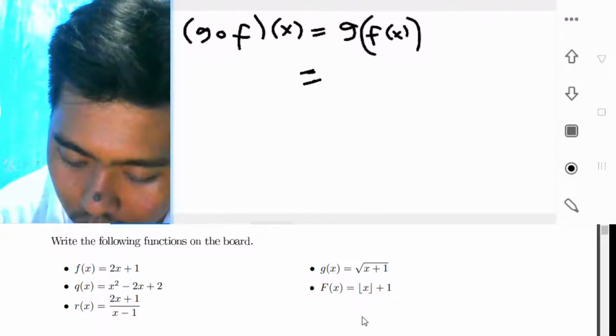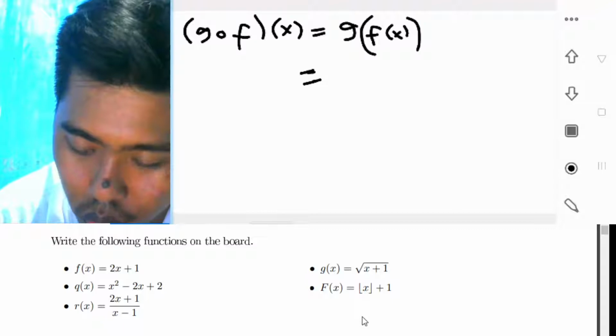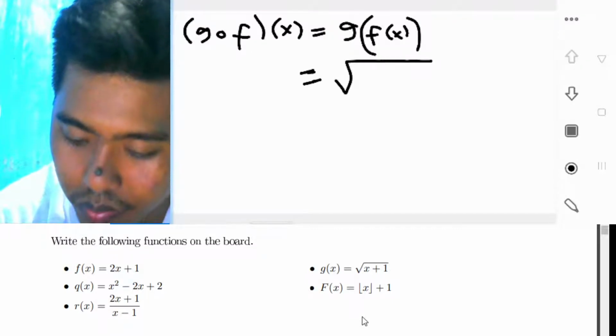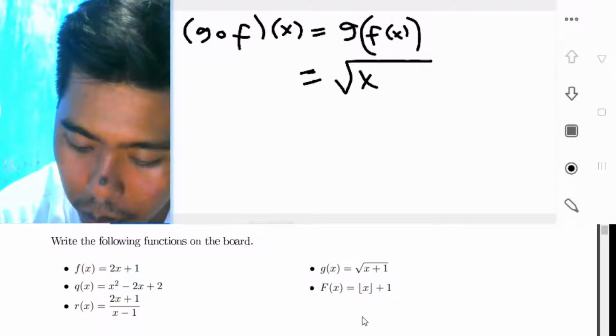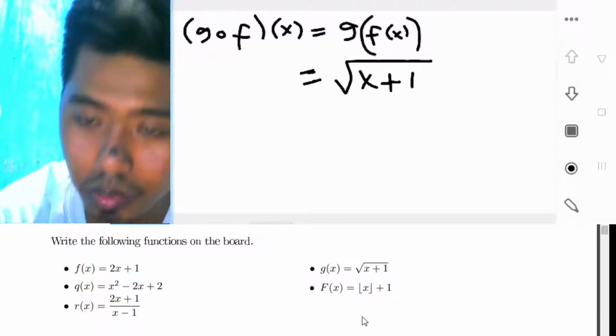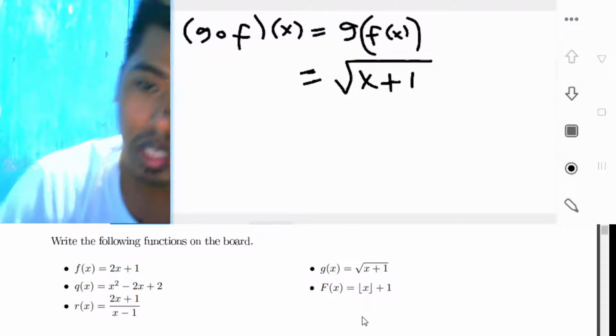So g of x is the square root of x plus 1, right?